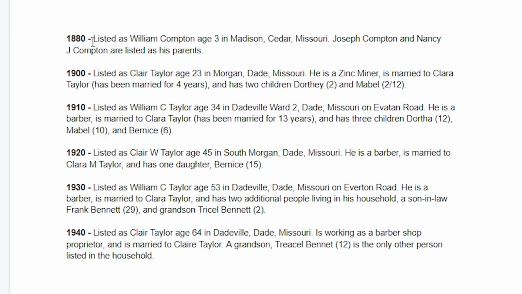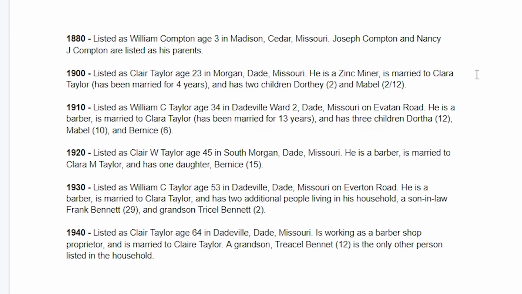So we start in 1880, since he was born in 1876. And he's listed as William Compton, which remember, his dad died young, so his mom remarried. So he's actually labeled with his stepdad's name. He's age 3 in Cedar County, Missouri, and then it lists his mom and his stepdad. Here in 1900, we can see that he's moved to Dade County, Missouri.